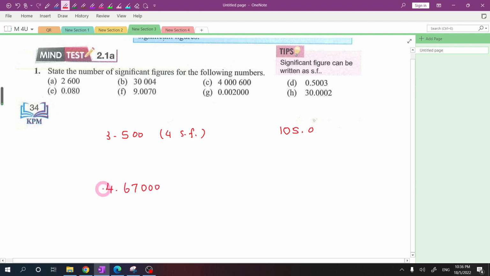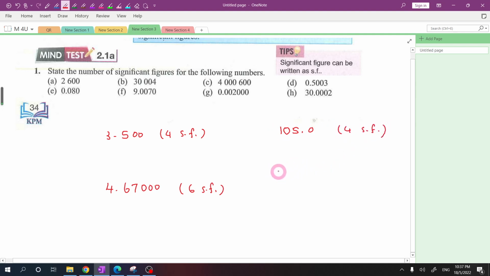How about this one? 1, 2, 3, 4, 5, 6. How about this one? 1, 2, 3. This 0 will definitely be considered a significant figure because it lies between these two non-zero digits. 1, 2, 3, 4, so 4 significant figures.